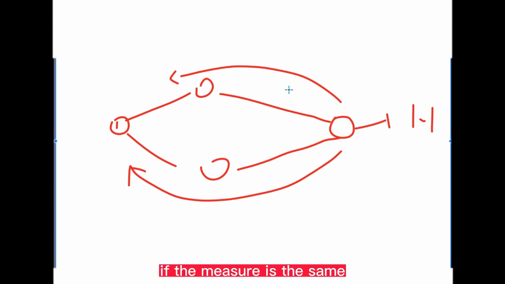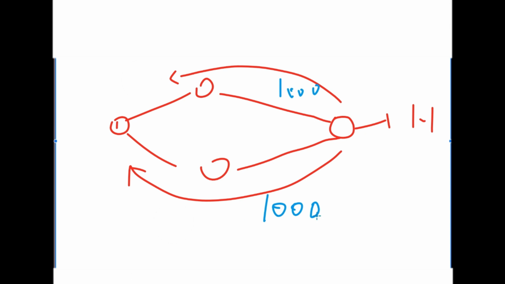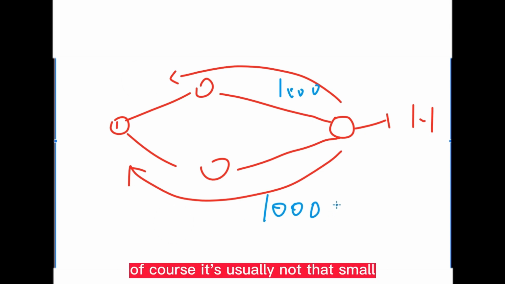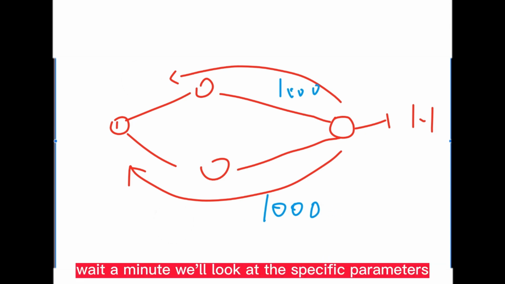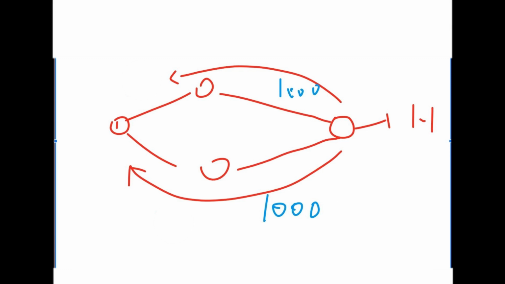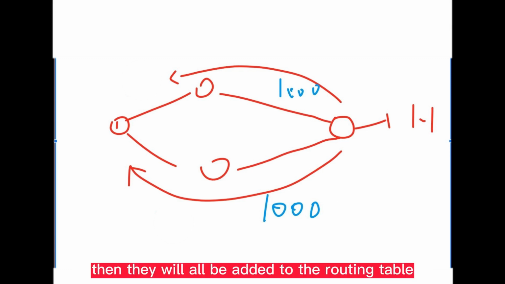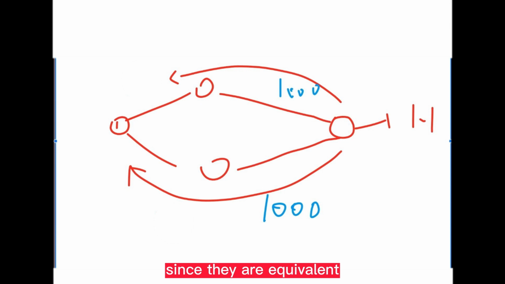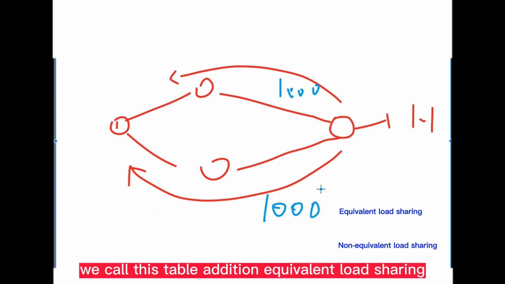If the metric is the same, for example, above is 1000 and below is also 1000. Of course it's usually not that small; wait a minute, we'll look at the specific parameters. Then they will all be added to the routing table. Since they are equal, we call this equal-cost load sharing.